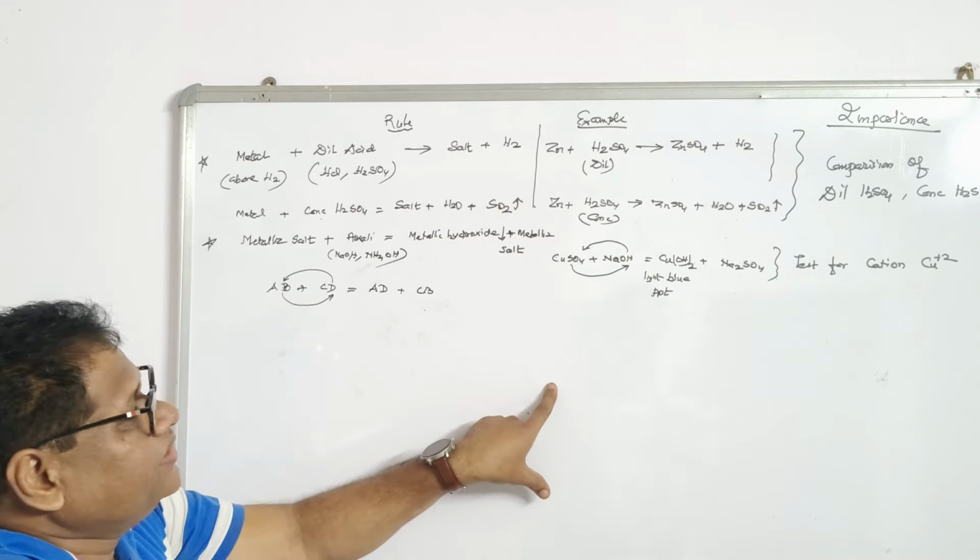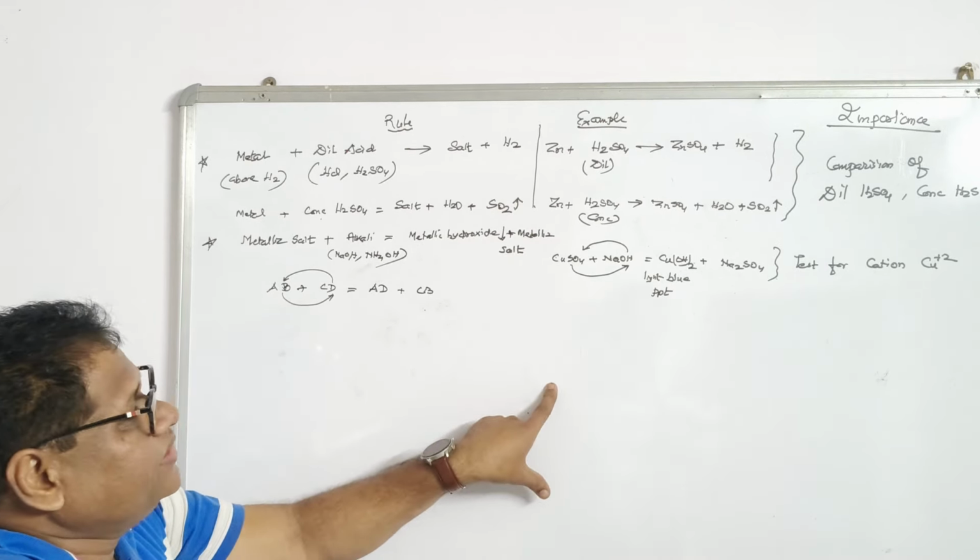Next, if you take an ammonium salt, make it react with an alkali, it will form a salt forming water, liberating ammonia gas.